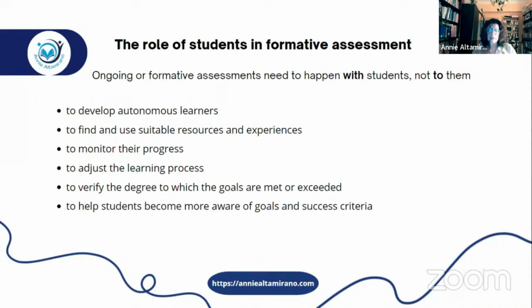It should help adjust the learning process as necessary to revise or accomplish those goals. It should also help verify the degree to which the goals are met or exceeded, and help our students become more aware of the goals and success criteria so that they can measure the success against those success criteria.